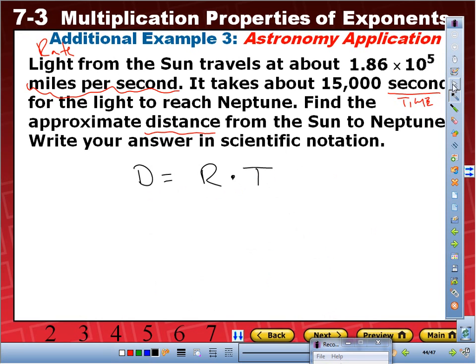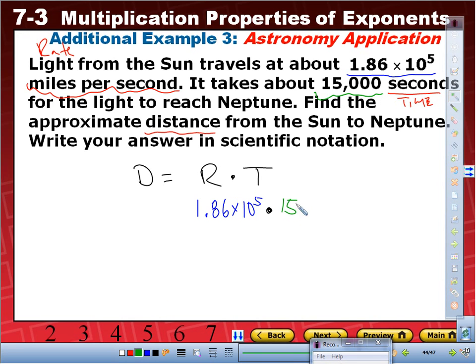All right, so let's substitute and find our distance. So the rate is right here, which is 1.86 times 10 to the 5th. And we're going to multiply that times, what was the time? 15,000. Okay.